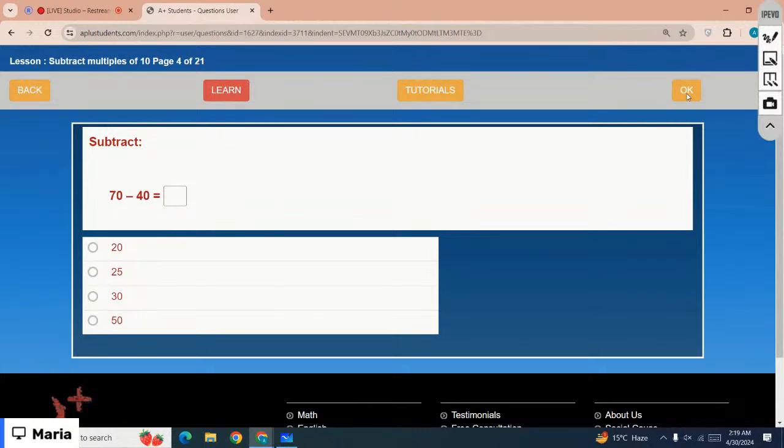Zero minus 0 is 0 and 7 minus 4 is 3. Yes, 30 it is. The correct option is 30. 70 minus 40 equals 30. Very good.